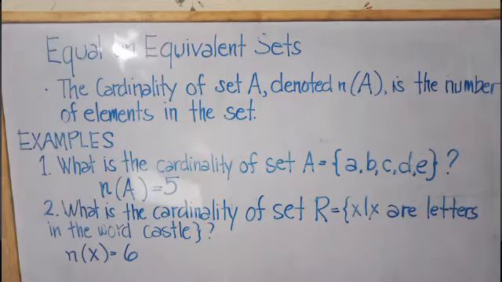The cardinality of A equals 5. What is the cardinality of set R, where R is the set of letters in the word castle? C-A-S-T-L-E, so the cardinality equals 6.